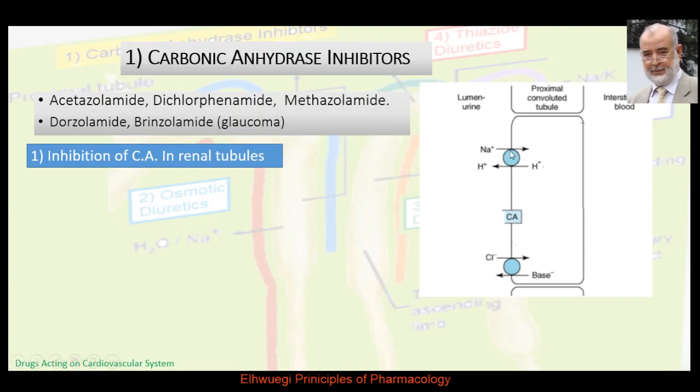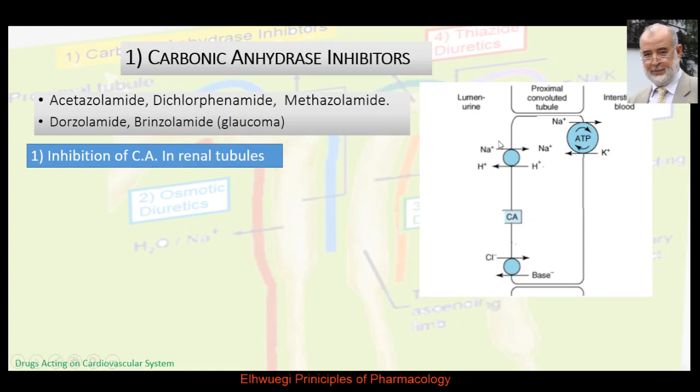Now once sodium is inside the cell, it will be reabsorbed into the general circulation by exchange with potassium using the sodium-potassium ATPase, or sodium-potassium pump. So most of the sodium will be pumped back into the blood using the sodium-potassium ATPase.